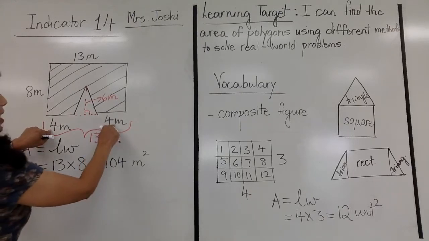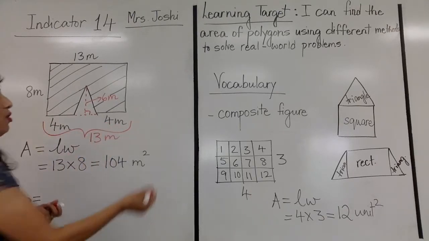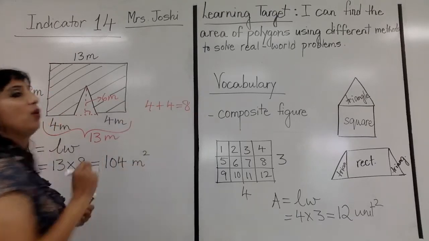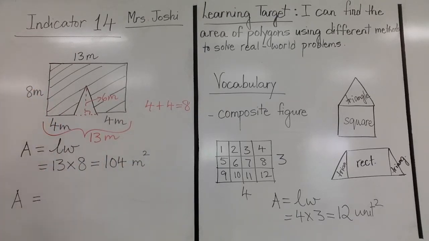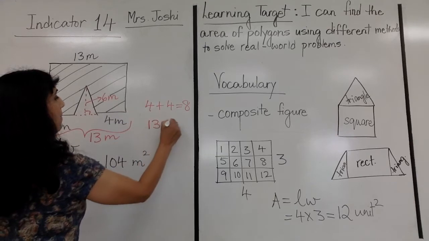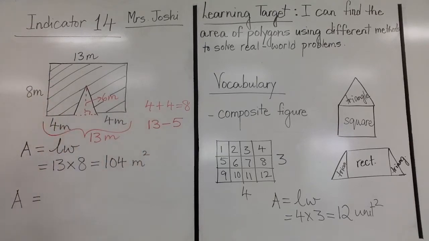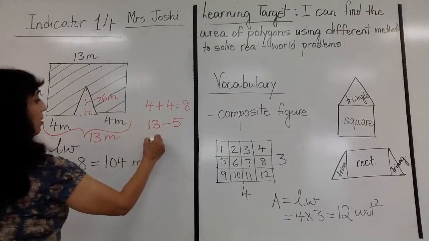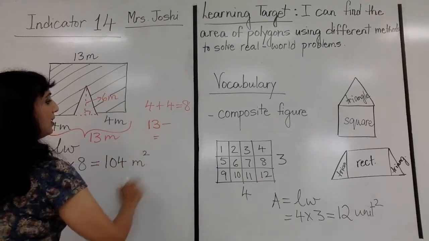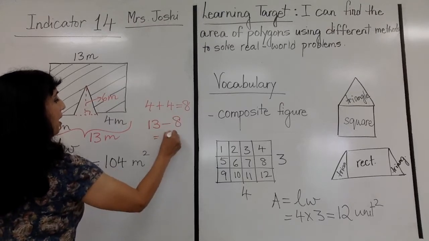But what do we have right now? We have 4 and we have 4. So 4 plus 4 gives me 8. I only have 8 right now. So in order to find this part, I would do 13 minus 8 and I would get 5. Okay? Sorry, 13 minus 8 and I would get 5.